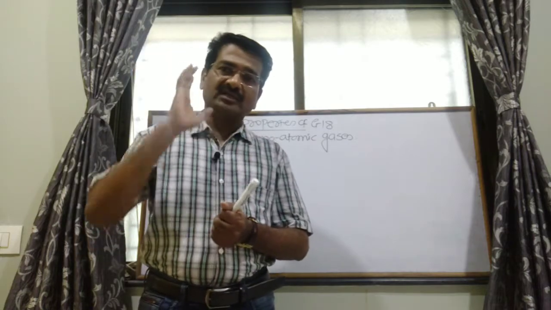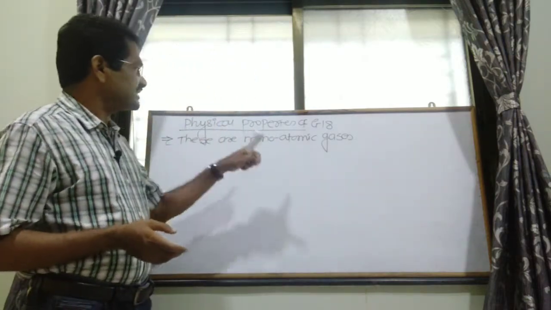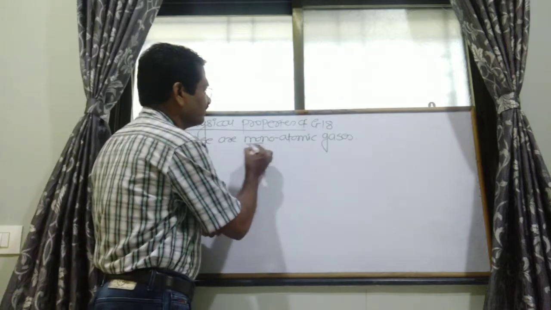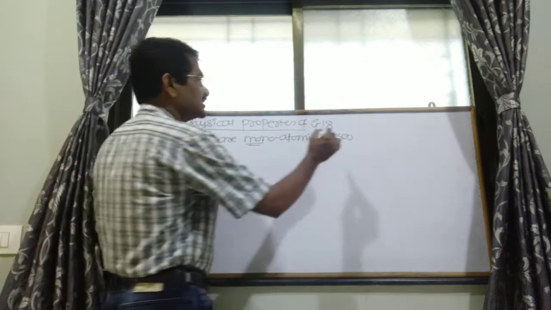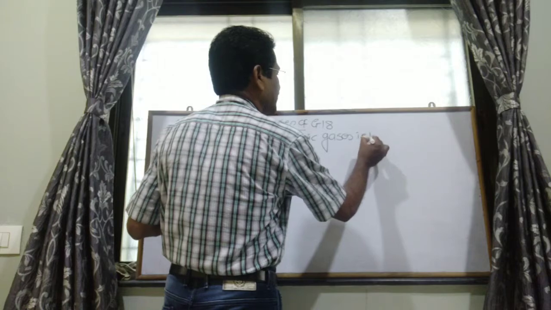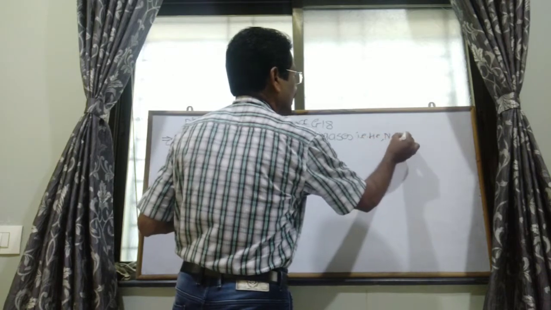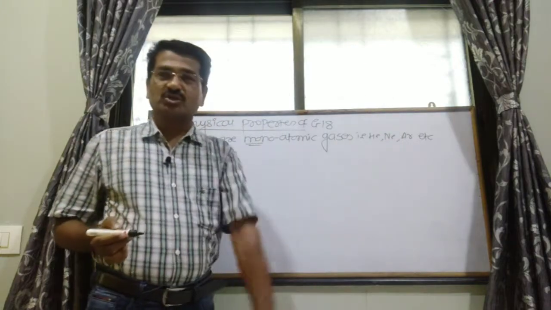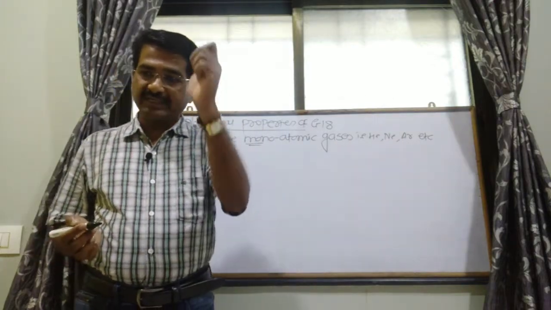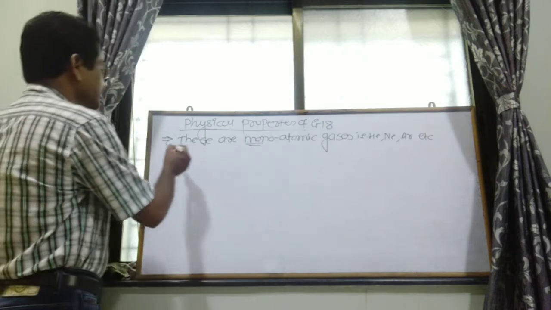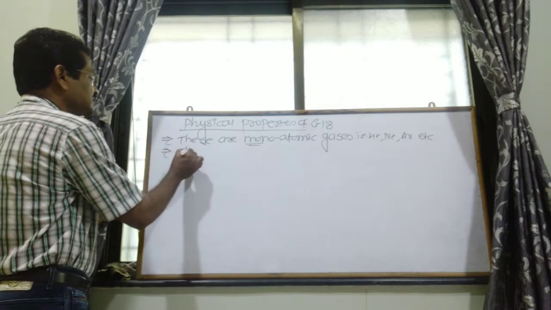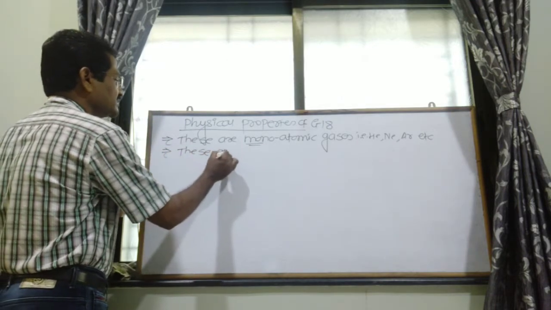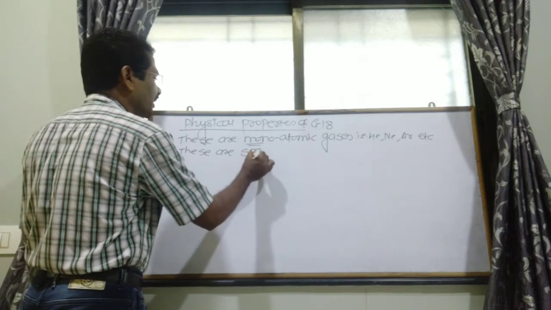But all the noble gases are monoatomic, made up of a single atom, such as helium, neon, argon, etc., so they are called monoatomic gases. Second point, these are sparingly soluble in water.